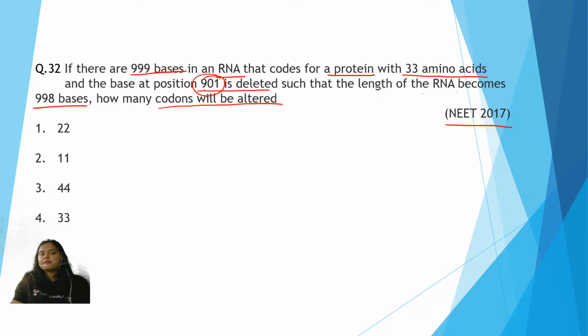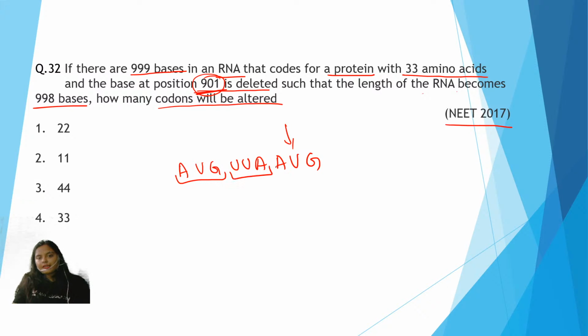See, we know that the nitrogen bases are present in the RNA molecule. For example, if this is the sequence. Now what happened at 901? At the 901 position, a particular base is deleted. Initially the triplet was like this.